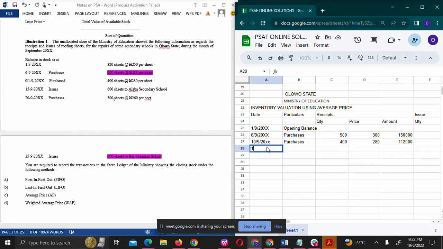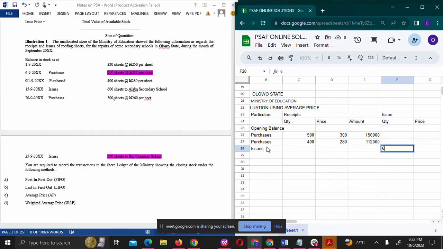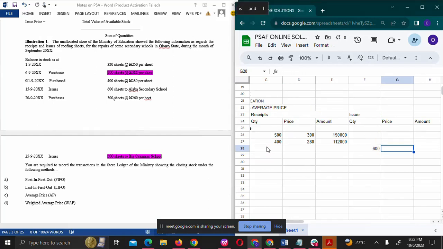So on 15 September 20XX, I have issues, and I'm issuing 600 units. So the question is the price. So the price will be 280 plus 300 plus 320, and they all occurred three times.